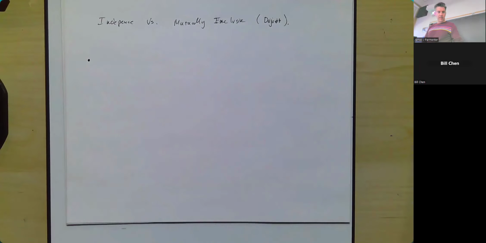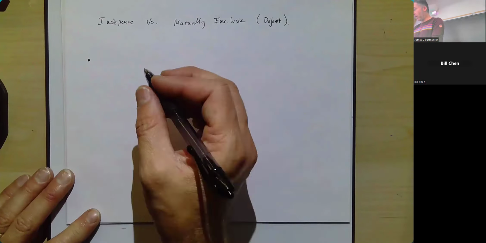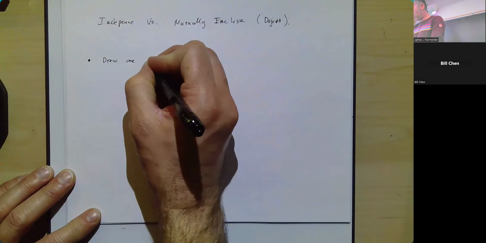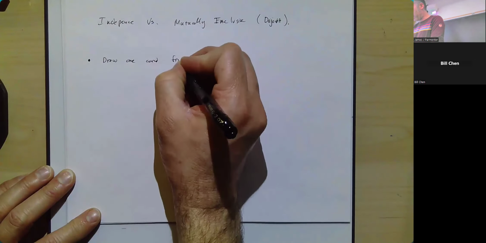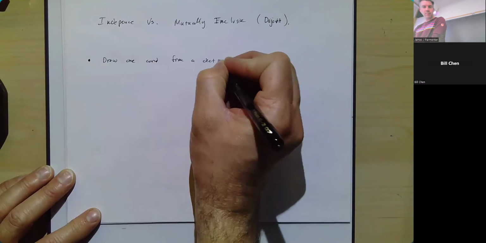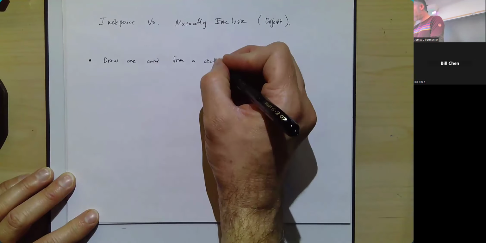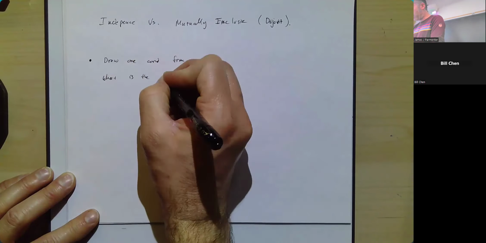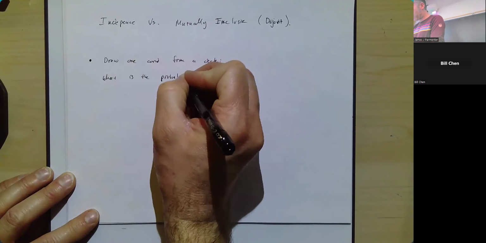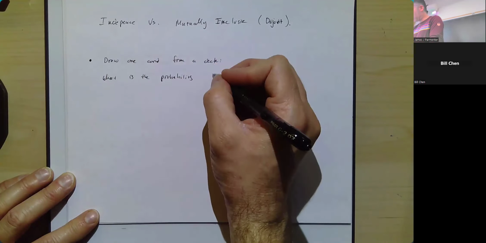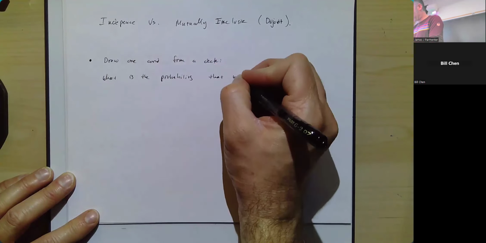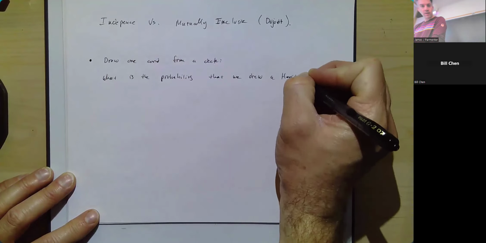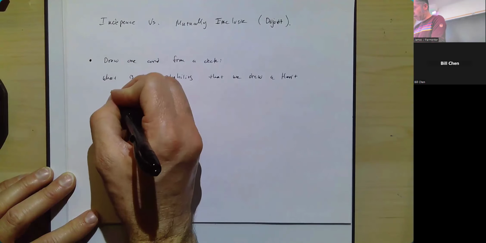Let's say that we're going to draw one card from a deck, and we want to know what is the probability that we drew a heart given that we know it's a 7.